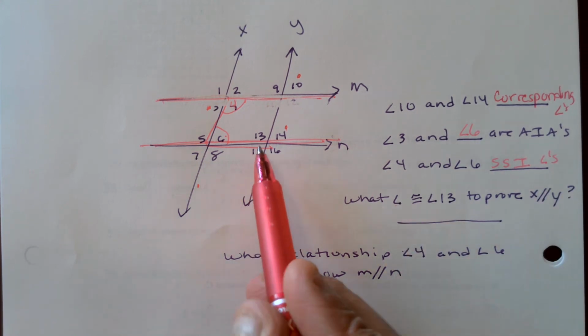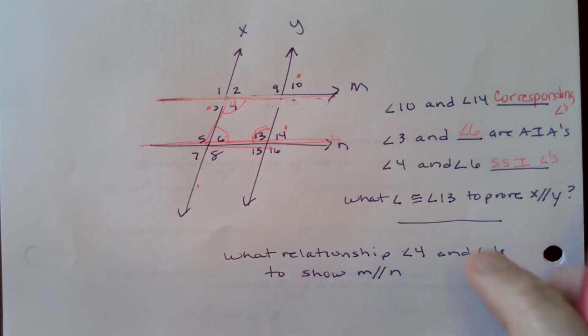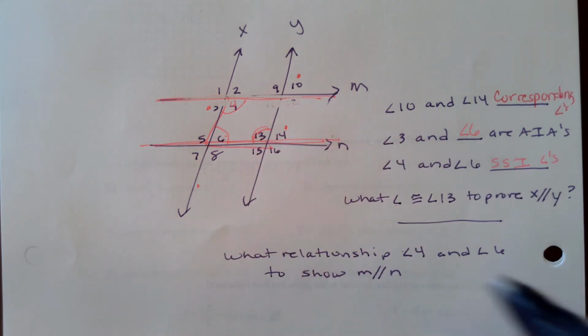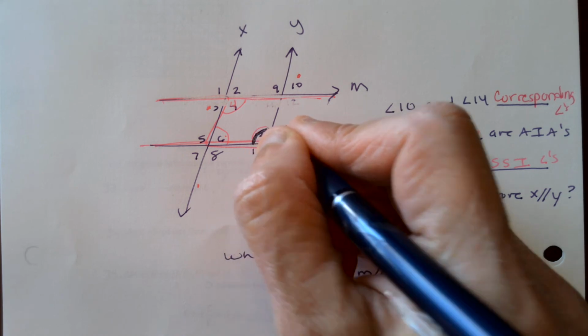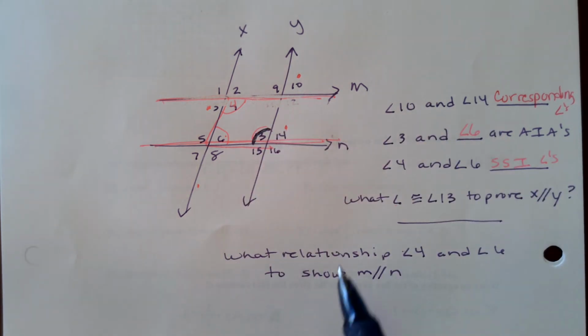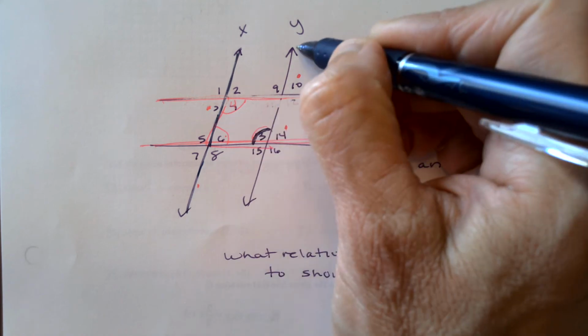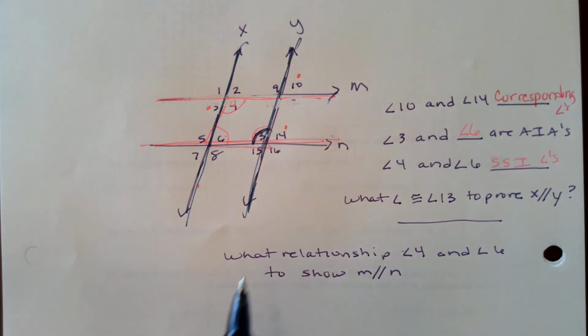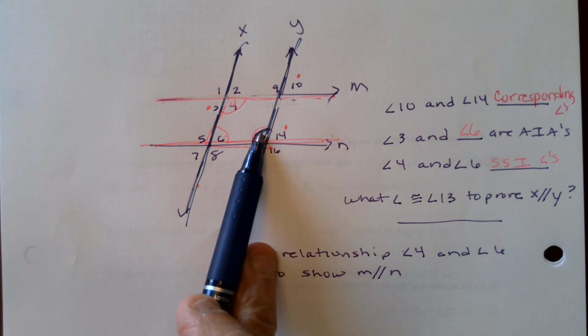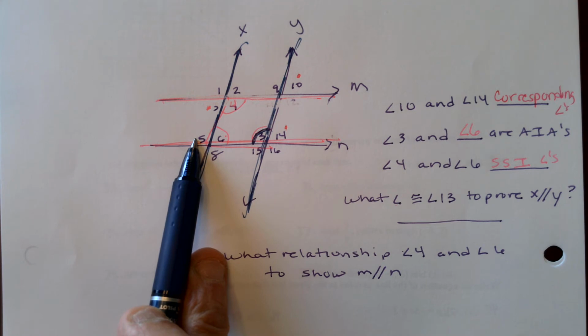What angle has to be congruent to that one to show that this is parallel to this? These two. This one. You've got to go over.